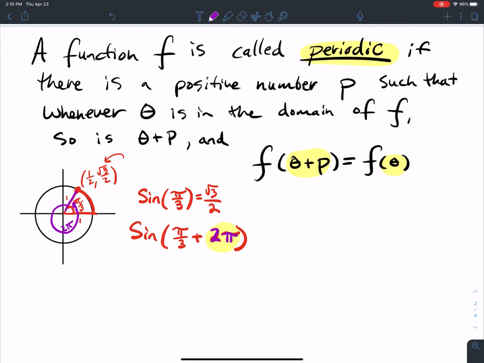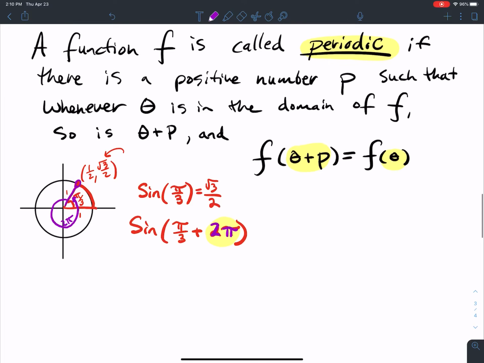So what does this tell me? That tells me that the sine function is periodic. This is also equal to square root 3 over 2. So I have the sine of pi over 3 plus 2 pi equals the sine of pi over 3. So that tells me that p is 2 pi for sine.